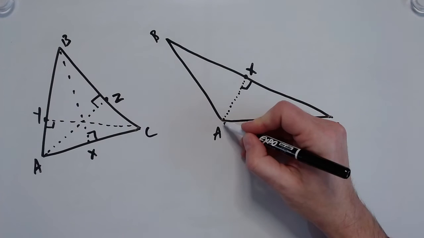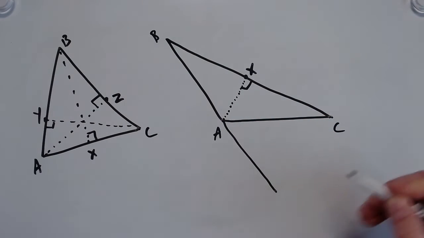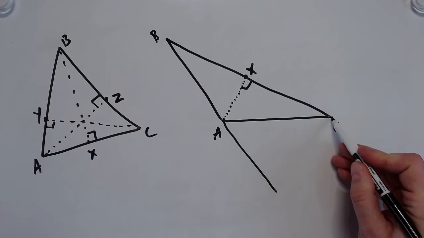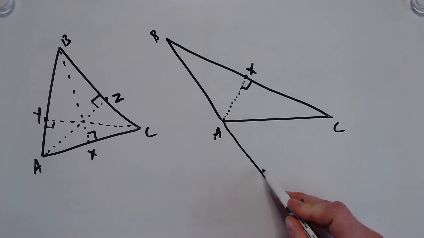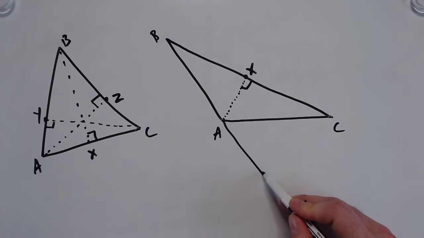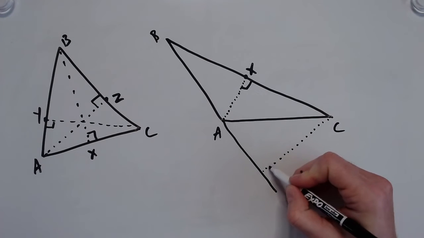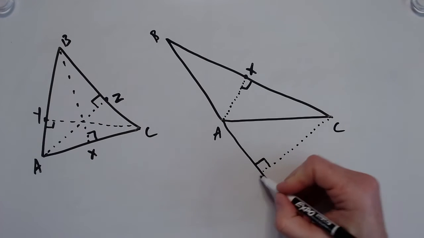And I'm just going to use a solid line, such that we can go from C and come straight down to some perpendicular point here. Right about there, if I had to guess. Again, just kind of eyeballing it. Again, the important part is that this is perpendicular.